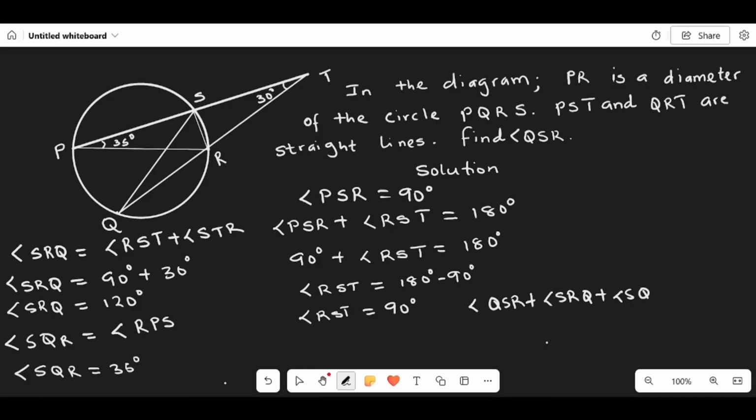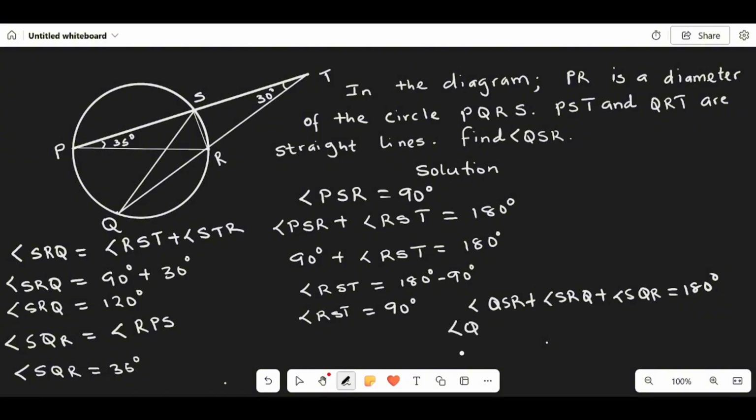Angle SQR is 35 degrees. So let us substitute them into this equation.